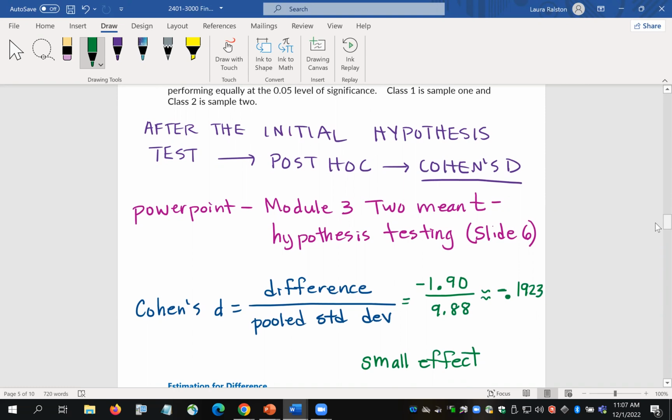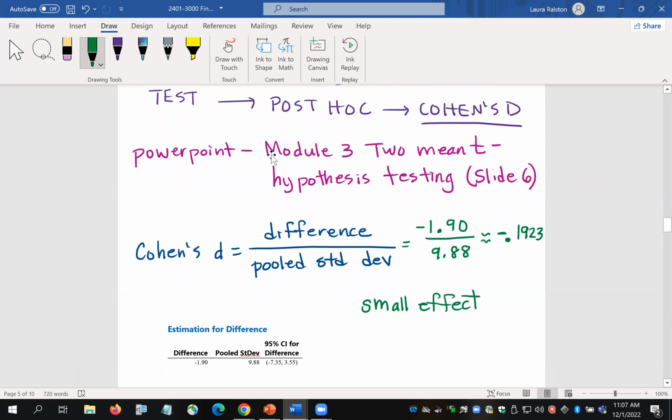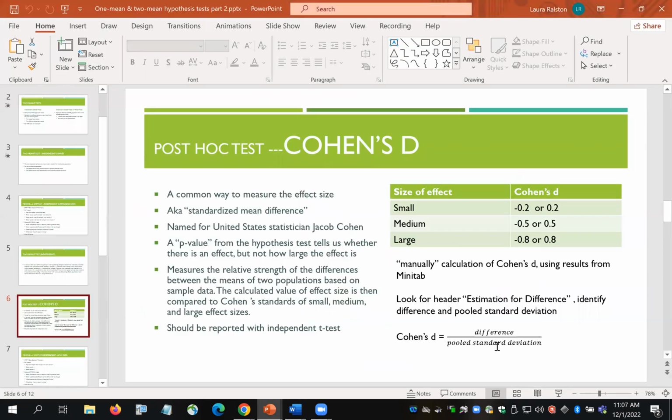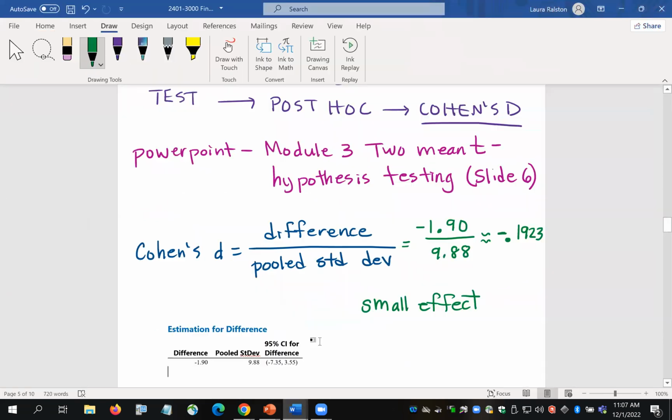I've recorded it so you can go back and watch that, but you will need to refer to the PowerPoint under module 3, the 2 mean t hypothesis testing, slide 6, because one, it gives you the formula for Cohen's d, but it also gives you the table that you need to determine whether it's small, medium, or large. So I went through that.